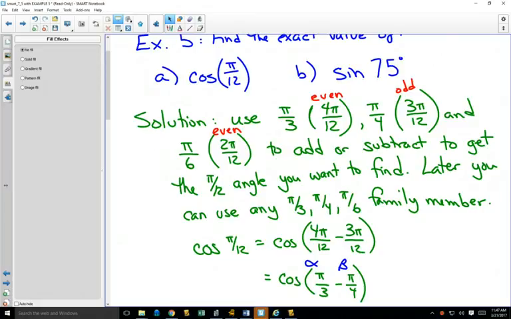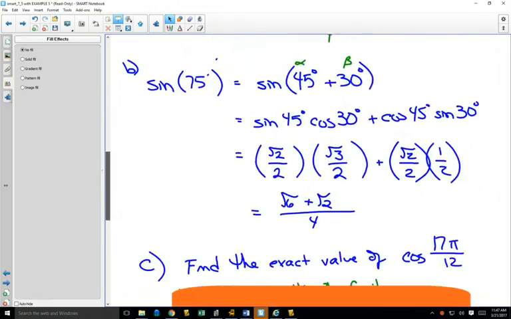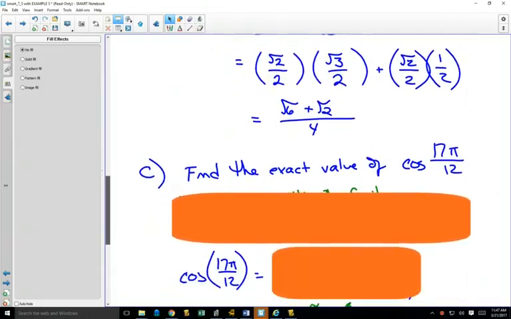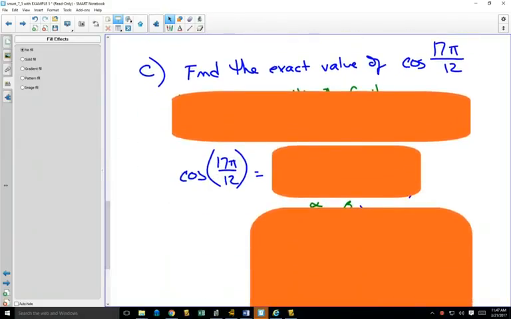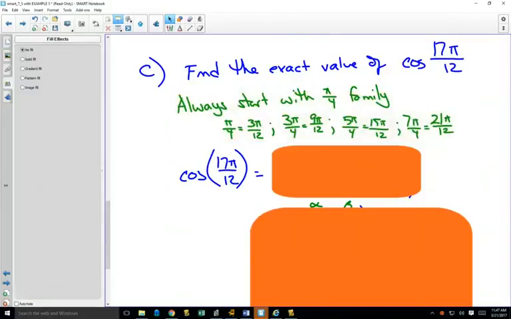So when we get to this next example that we're going to do, which is cos of 17 pi over 12, we use that idea that we have to start with somebody from the pi over 4 family because that's the only one that's going to give us an odd number. And it doesn't matter which family member you start with.